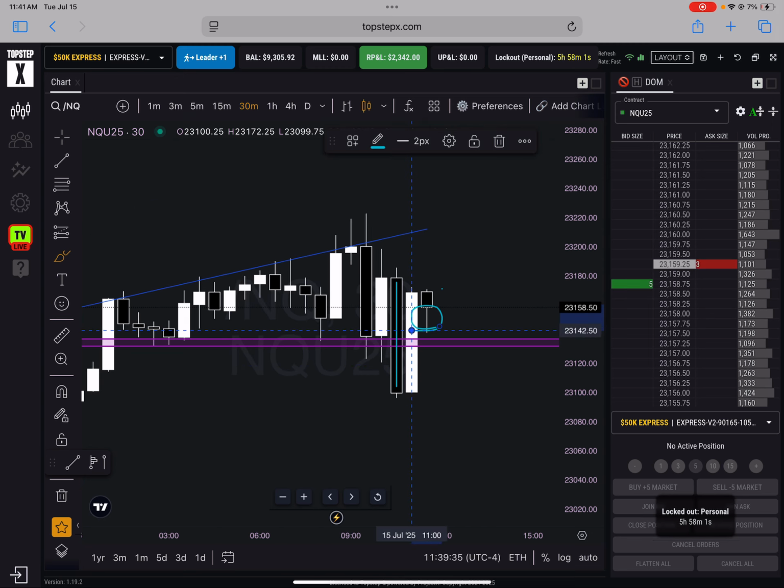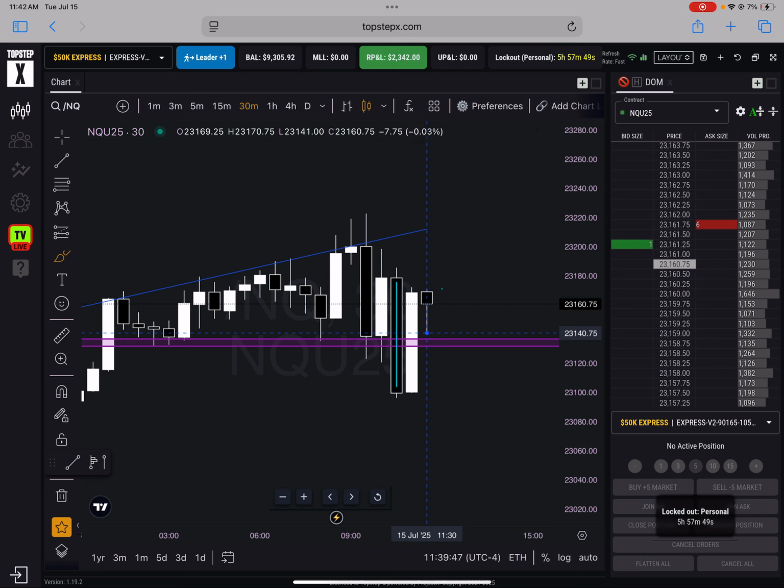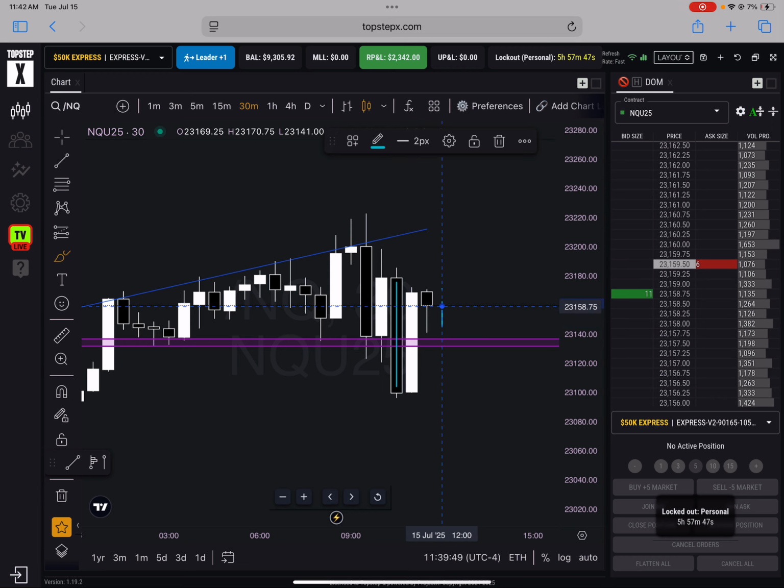But as you can see here though, the wick is showing me that the lowest point that the price has been to is over here. This has been the lowest price of this current candlestick, and you can see that price is now rallying all the way up, leaving this wick over here.